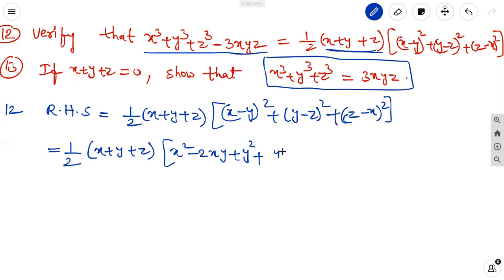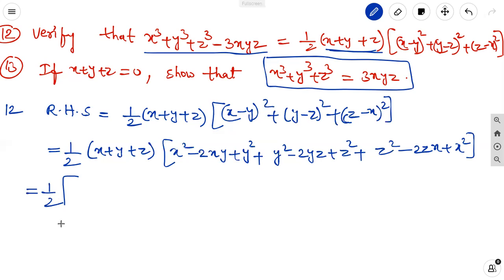In the same way, y square minus 2yz plus z square plus z square minus 2zx plus x square, and multiply with x plus y plus z. 1 by 2 is right outside. x cube minus 2x square y plus xy square. First of all, we can simplify it.